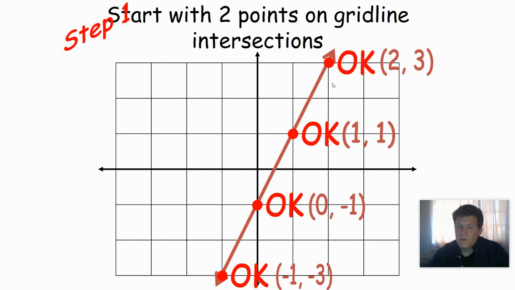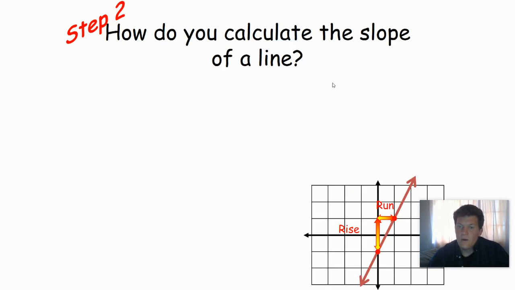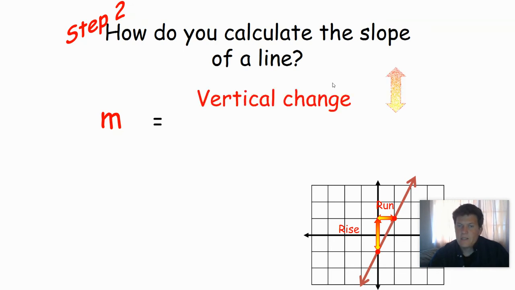So using some of those points, we're just going to count how much we rise up, how much we run over. Now, slope, you're going to see this especially a lot in this unit, you're going to see slope shortened to just one variable we designate called m. I like to think of it as m for movement. So our slope is our movement. It stands for m.